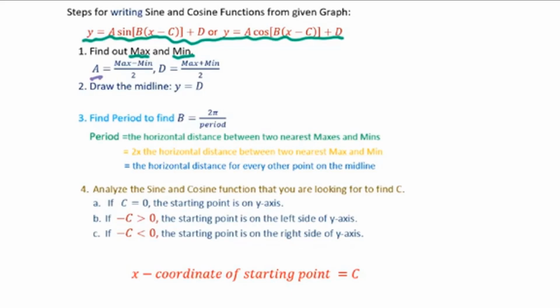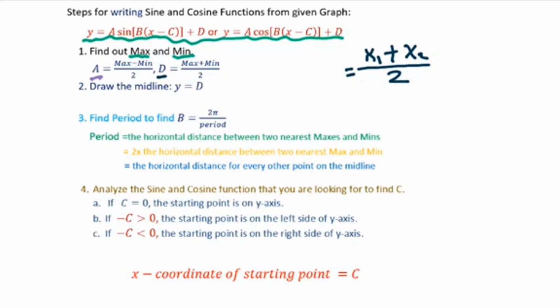For D, that's the midline, so basically it's the midpoint. We know that x1 plus x2 over 2 is how you get the midpoint. Therefore, you get maximum plus minimum over 2. Let's get the midpoint between the maximum value and the minimum value.